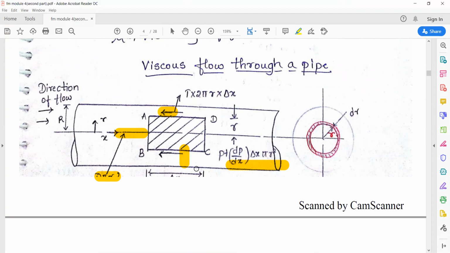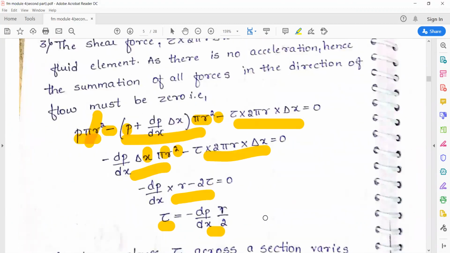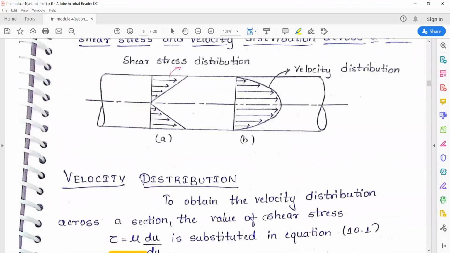If y varies, the radius of the fluid element also varies. Basically, it is the distance between the fluid element and the inner surface of the pipe. That is what I have considered here, because y varies.